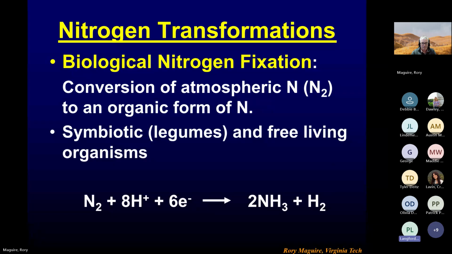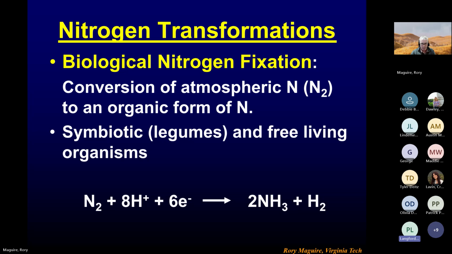And so moving on with our transformations, we have biological nitrogen fixation. This is the conversion of atmospheric nitrogen to an organic form of nitrogen. Symbiotic organisms and free-living organisms are capable of this. An example of that would be legumes.